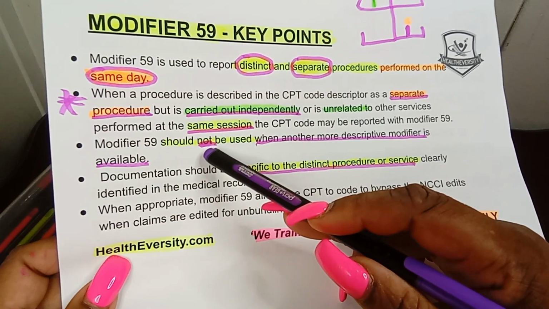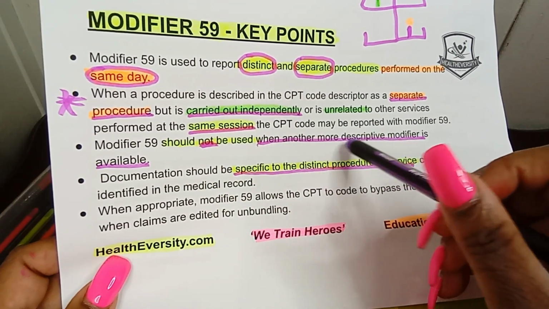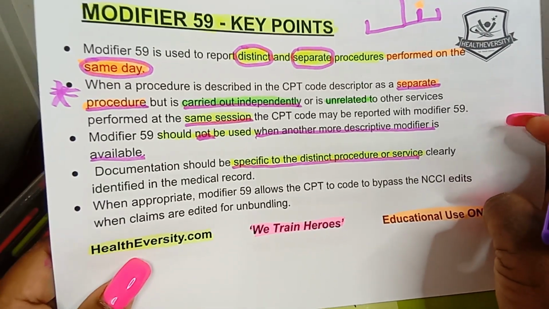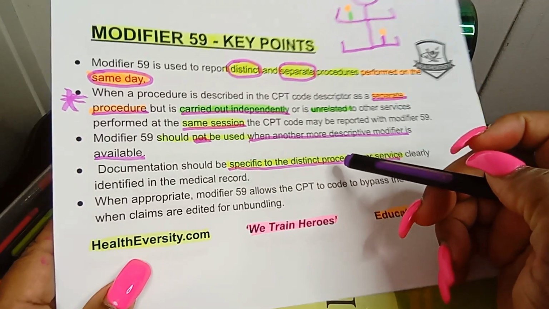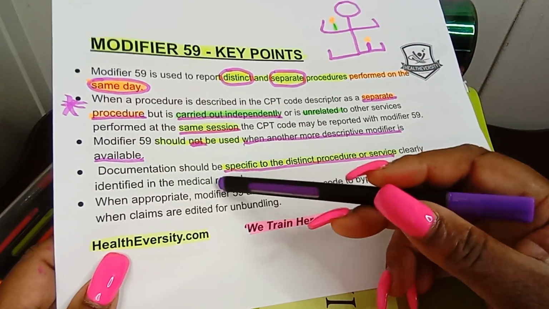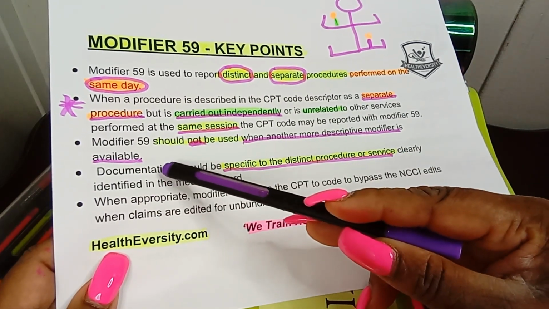Modifier 59 should not be used when another more descriptive modifier is available. Okay, so you make sure you know when you're using your modifier 59. This can get a lot of people in trouble, so make sure you use your modifier 59 when necessary.